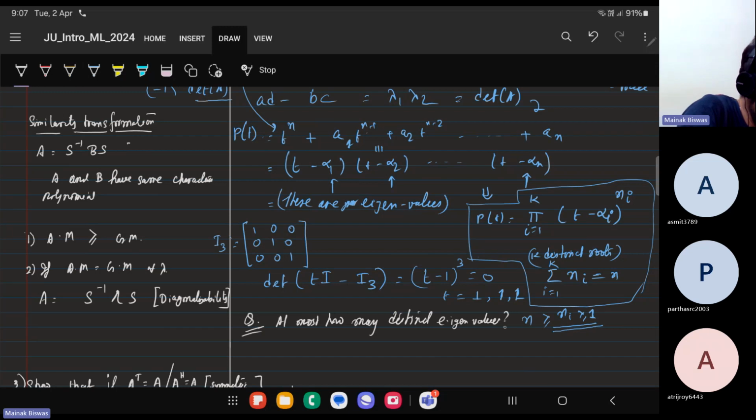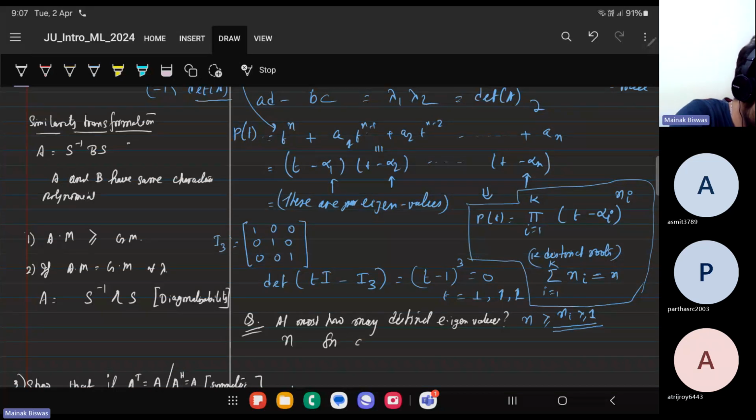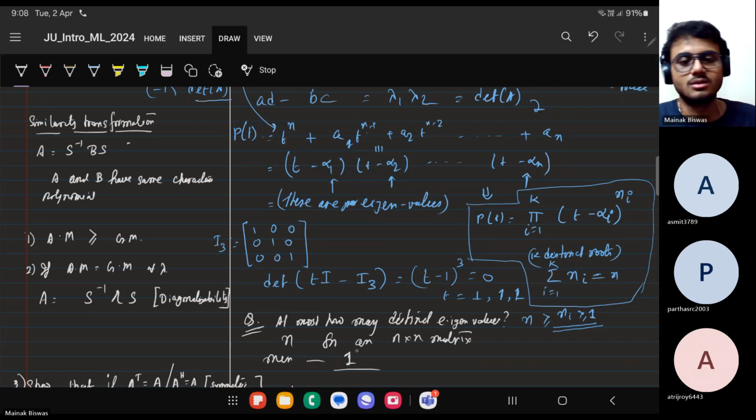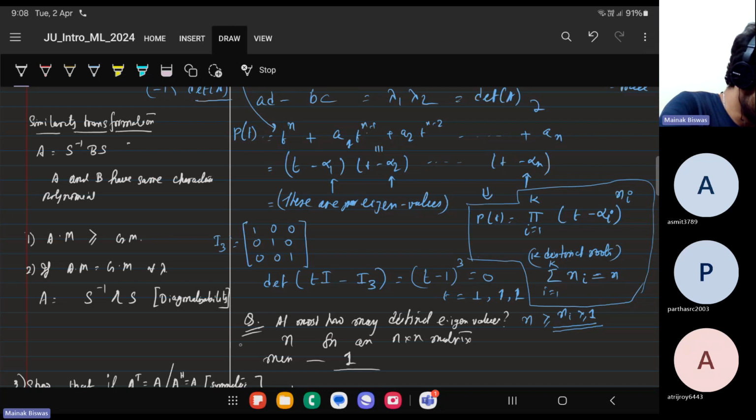No, at most how many distinct eigenvalues will you have? Distinct. Okay, n, for an n by n matrix. Minimum is 1, right? Agreed? Like we saw for I3. This is the maximum, this is the minimum.